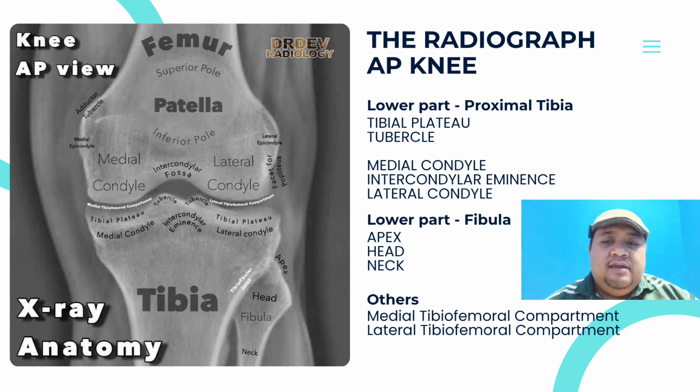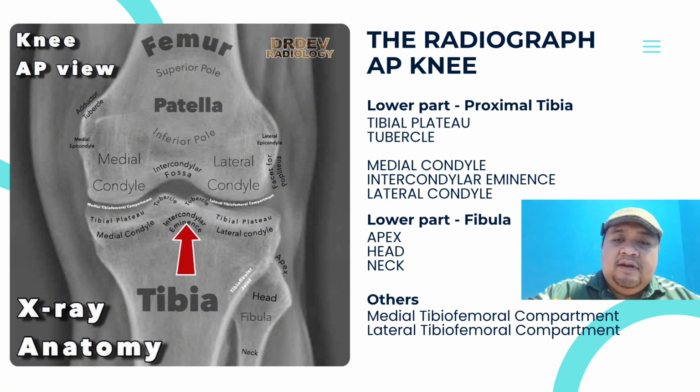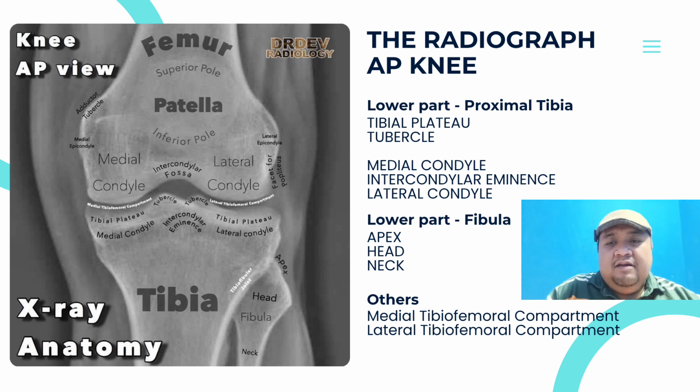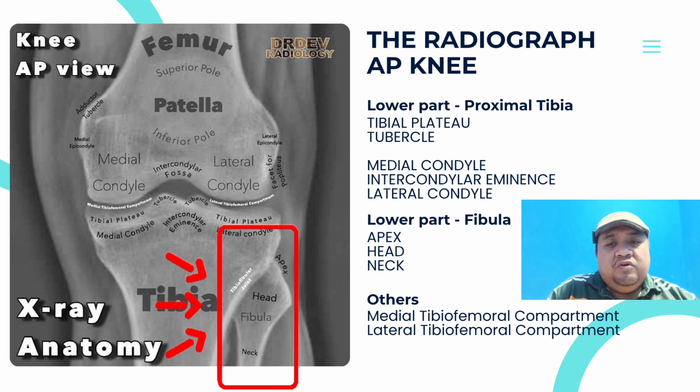Then we can see the intercondylar eminence. The intercondylar eminence is a bony ridge in the center of the plateau that fits into the intercondylar fossa of the femur. And now we look at the fibula. On the fibula side, we can see the apex, also called the styloid process, and the head.